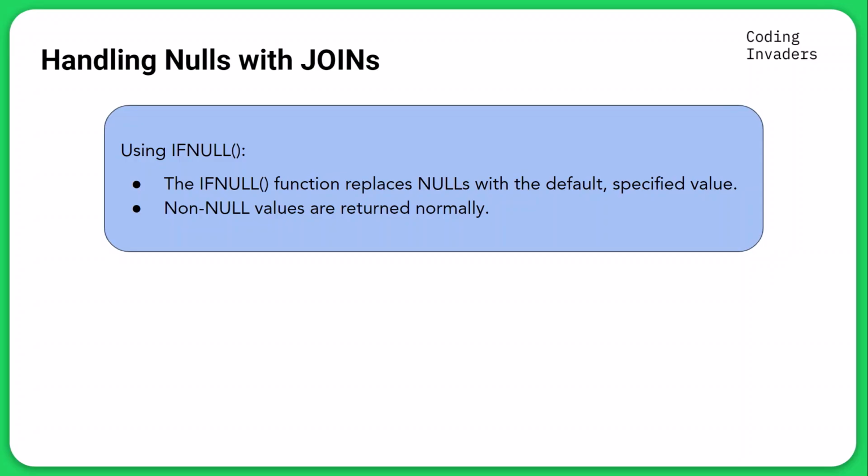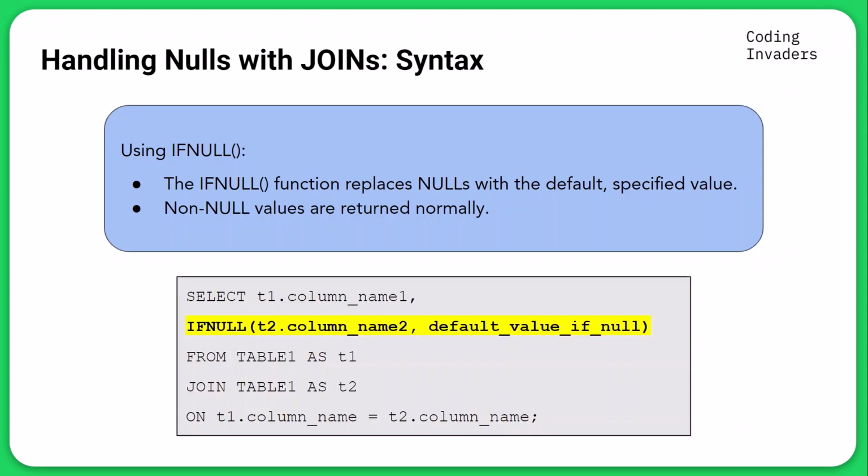To summarize, we can handle nulls this way, using IFNULL. The IFNULL function replaces nulls with the default specified value. Non-null values are returned normally. And this is the typical join syntax with a slight modification. You are already familiar with the original syntax from the past few lessons. But what is the modified portion?